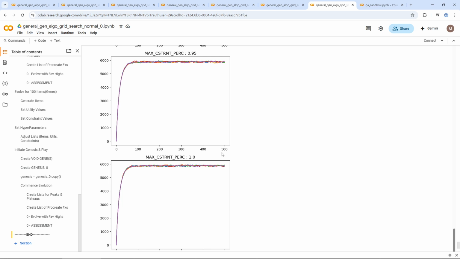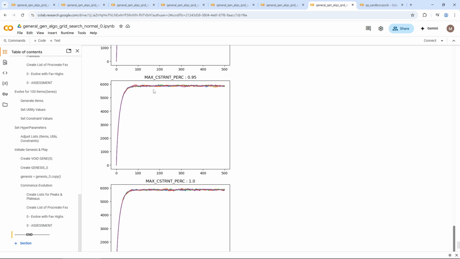And then yesterday I would have just said, oh, nothing unusual here, as the dips don't happen because now the entities can actually contain everything, almost everything, at 95% or 100%. But if you look closely, the plateau in this case is at around 6,000.